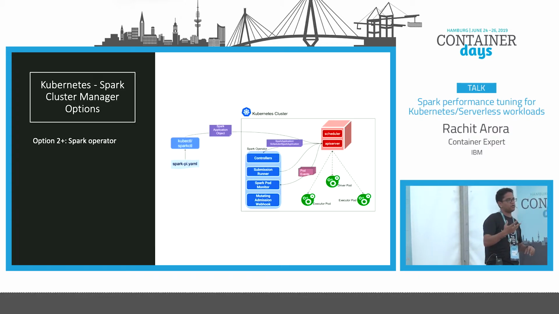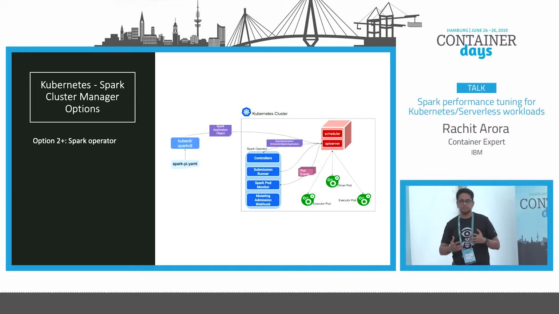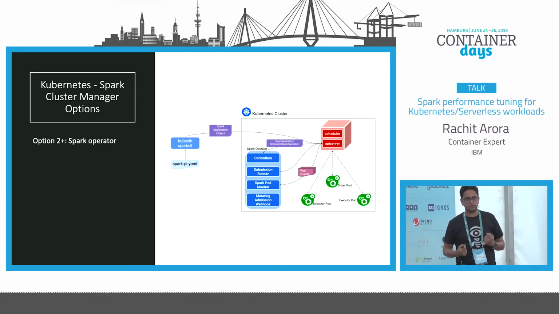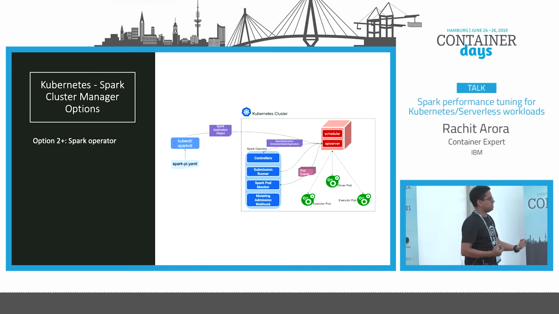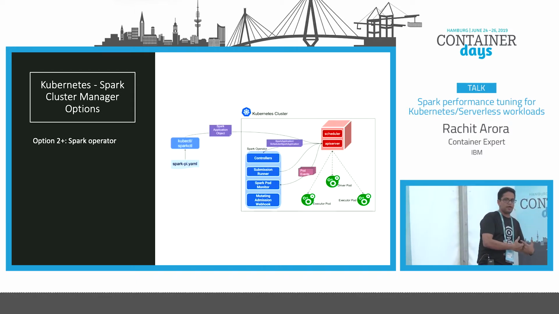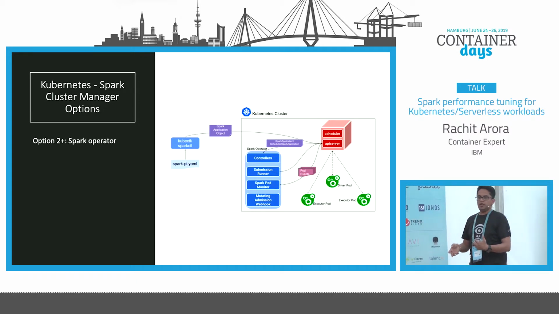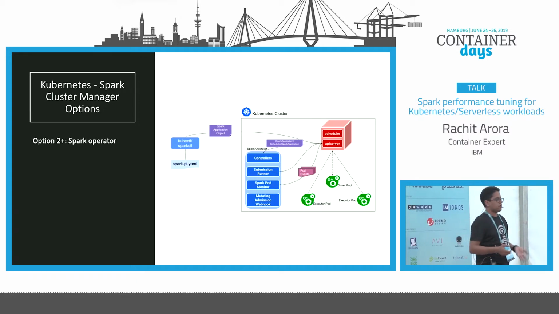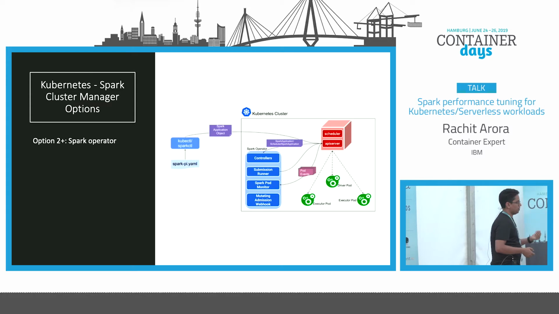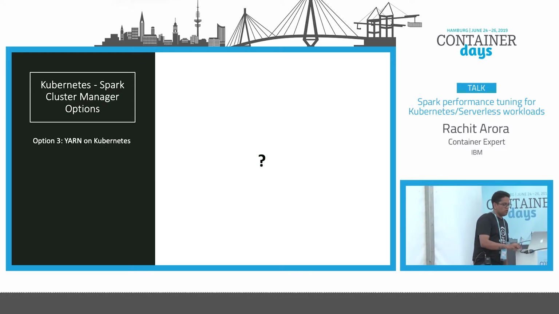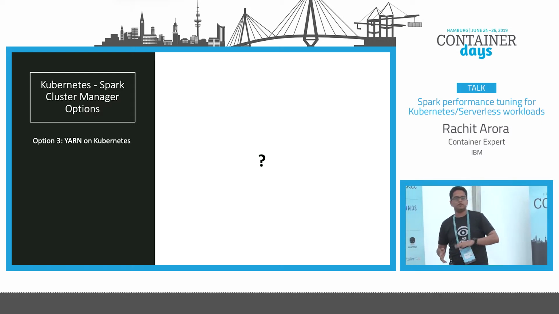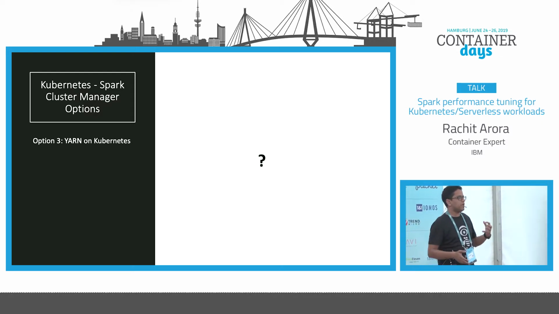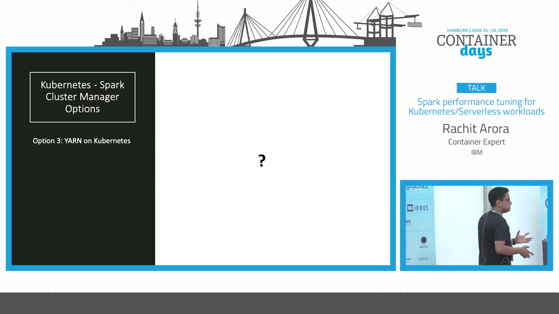So what is an operator? An operator is something which manages the lifecycle of a custom resource definition. So what we have done is created a custom resource definition of a Spark job, in the form of an operator. And you can declaratively define your application and run it on Kubernetes. There is another option where many people are trying to run Yarn on Kubernetes to make use of Yarn queues.